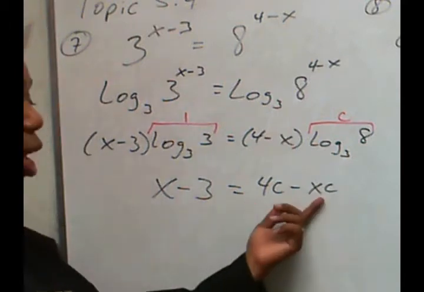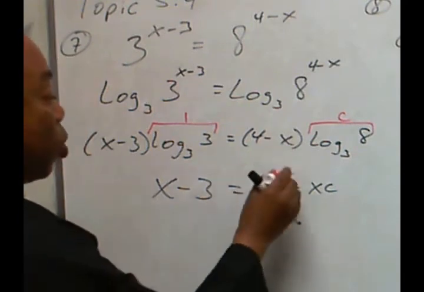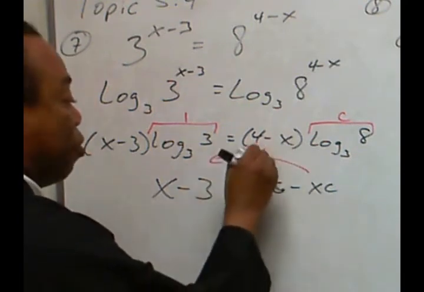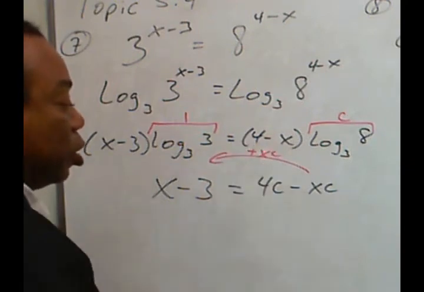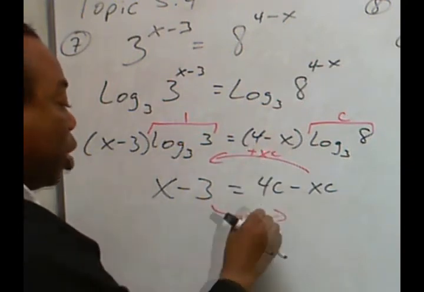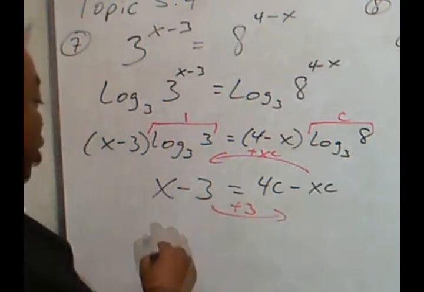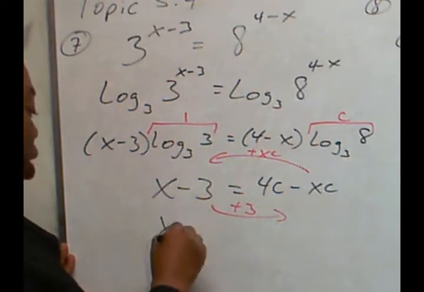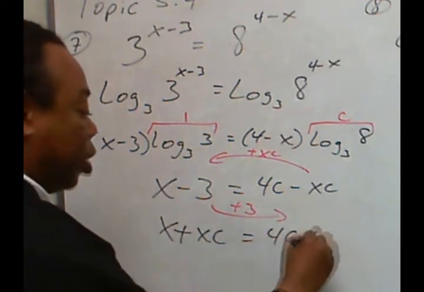Now, solving for x, I will place all my x's on the same side. So I'm going to add xc to both sides, and then I'm also going to add 3 to both sides. That's going to give me x plus xc equals 4c plus 3.